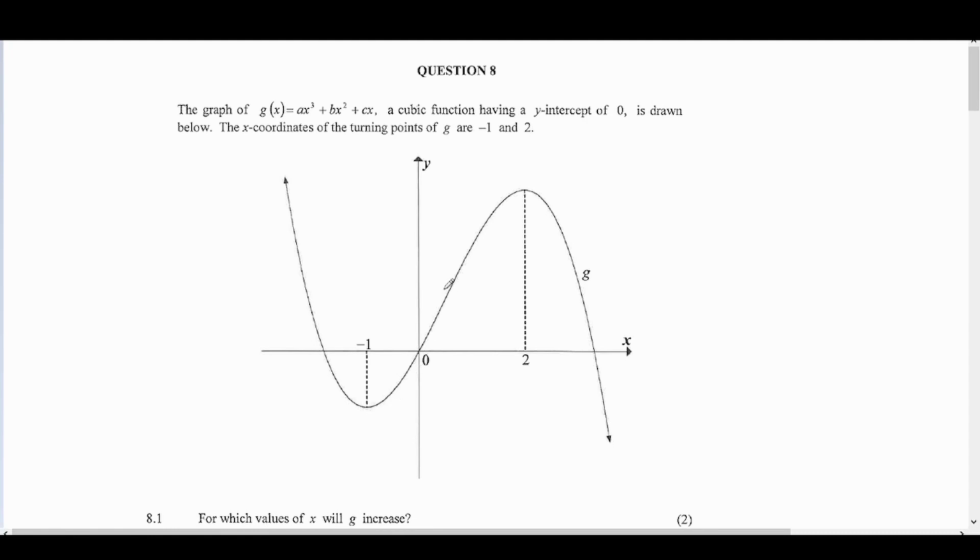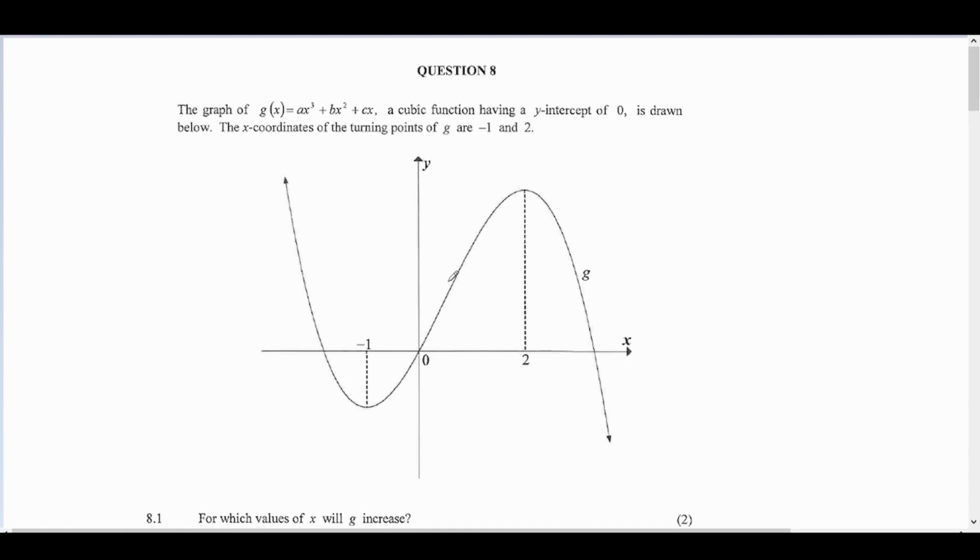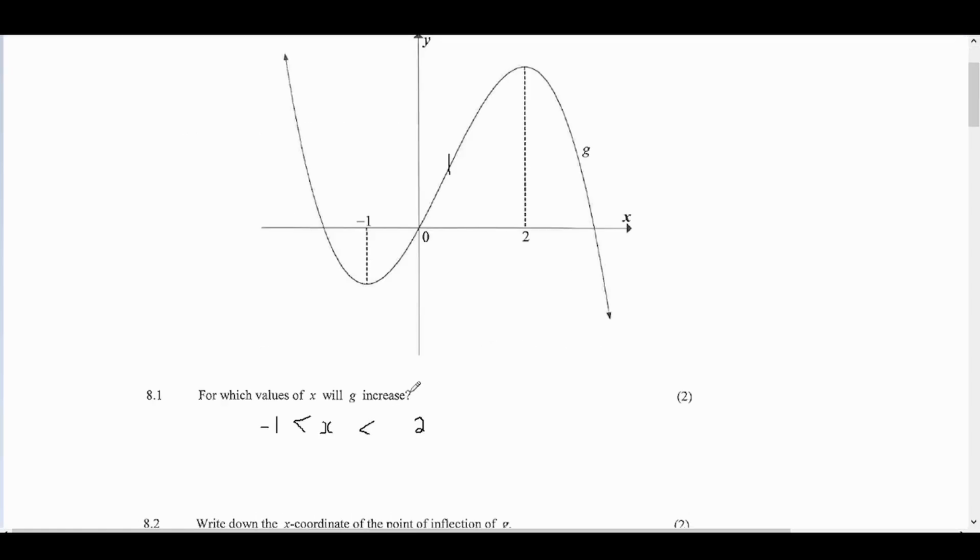At the point of inflection, which is halfway between our turning points, about there, we can see that it's still increasing, but it's not increasing as fast. So it's basically slowing down, and then once here it will stop and then decrease again. So it's very similar to acceleration in physics. That's also why it's your second derivative.